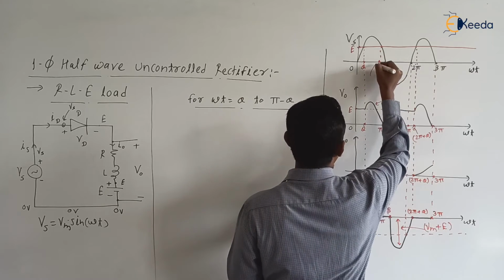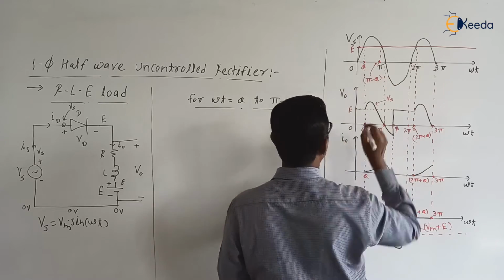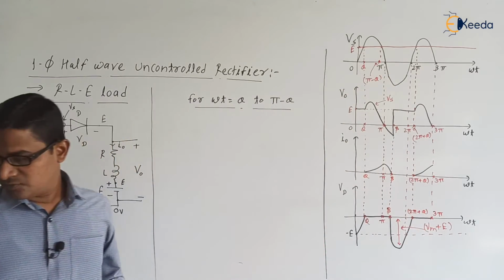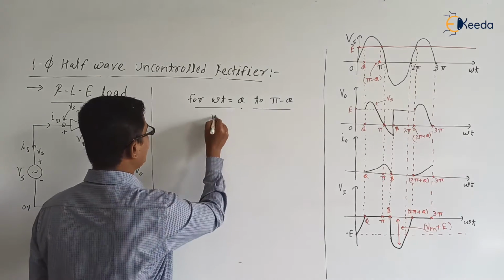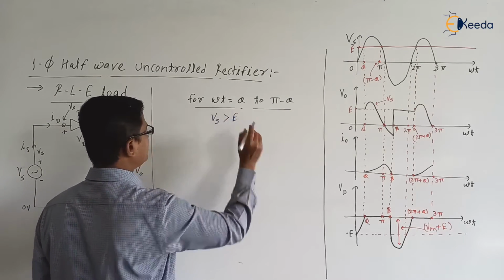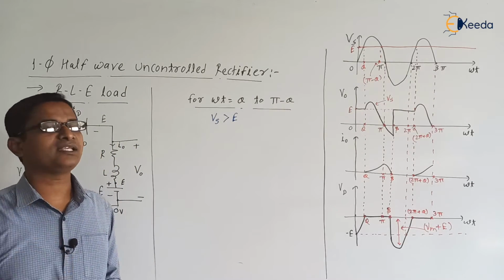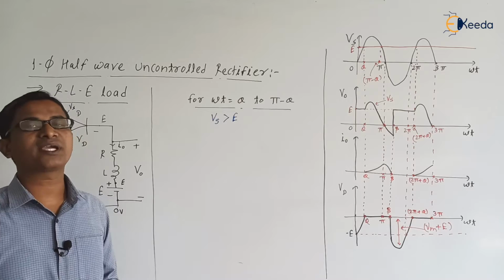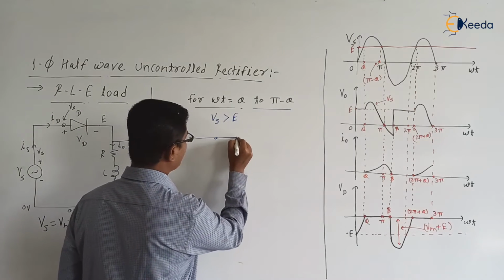From omega t equal to theta to pi minus theta, if you check, Vs is greater than E, right? Vs is positive and greater than E, which means the anode potential is greater than the cathode potential. So the diode will be in the on state, in the conduction mode.